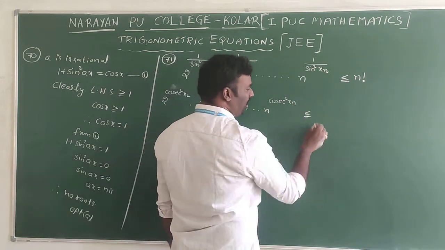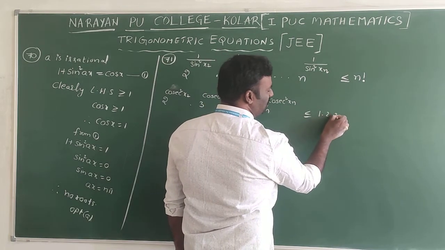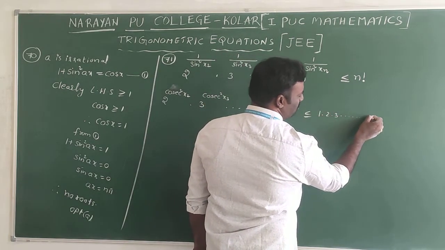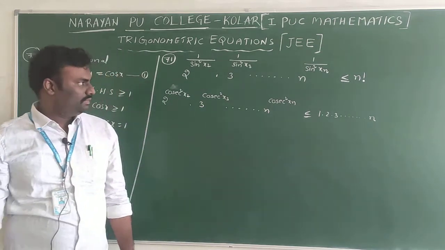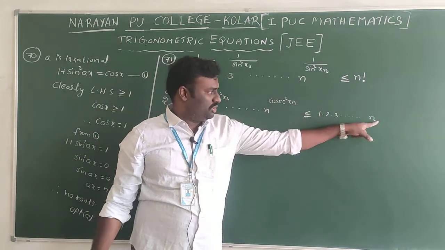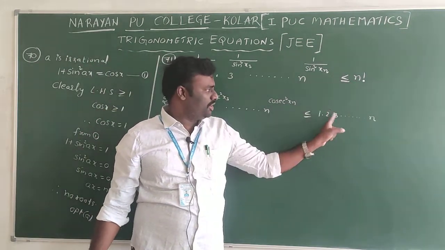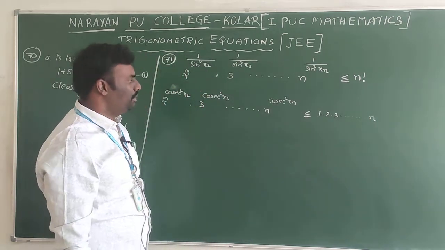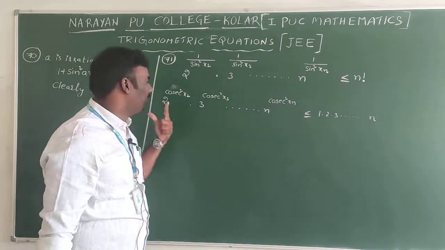This n factorial I can write as 1 into 2 into 3 into 4 and so on up to n. Now send these values to the left side.